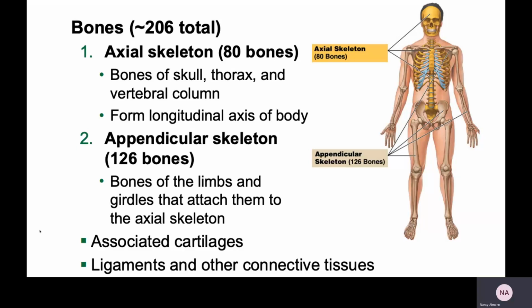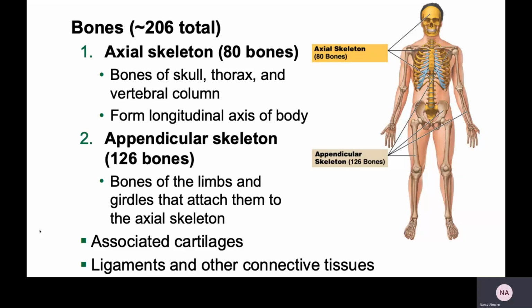The axial skeleton is one of the divisions of the skeleton, and that will include the bones of the skull, so the cranial bones and the facial bones, bones of the thorax, which will be the ribs and the sternum, as well as the vertebral column.